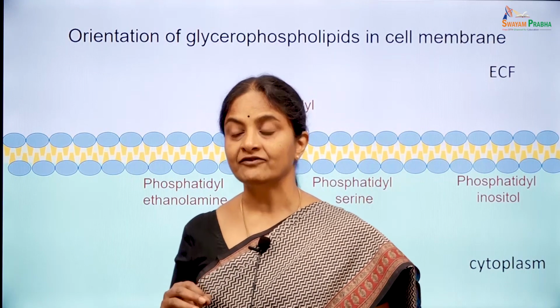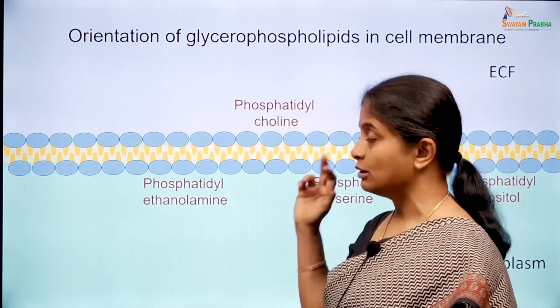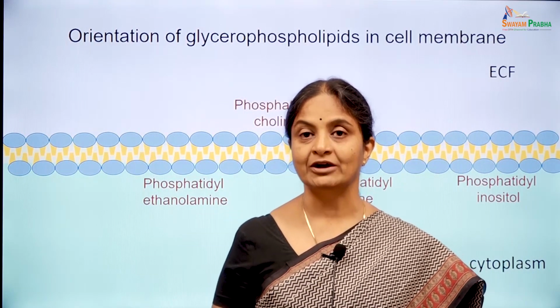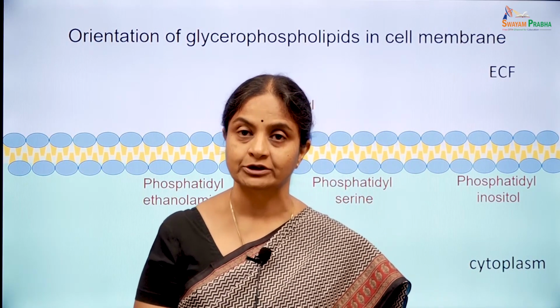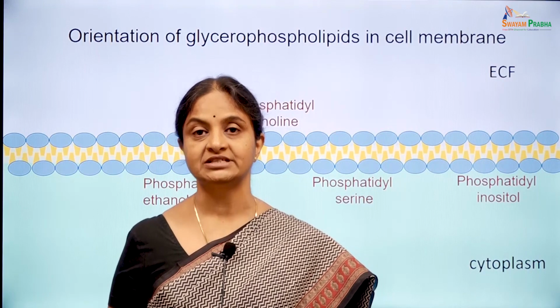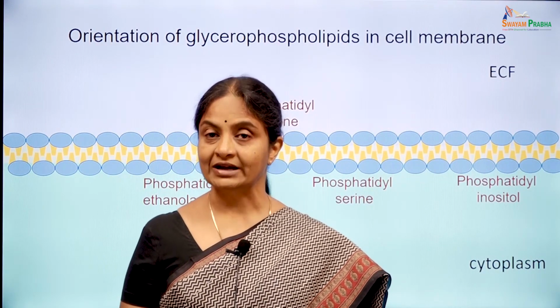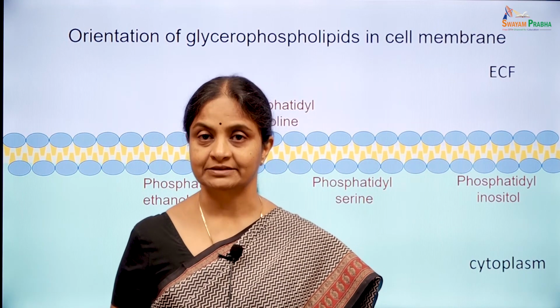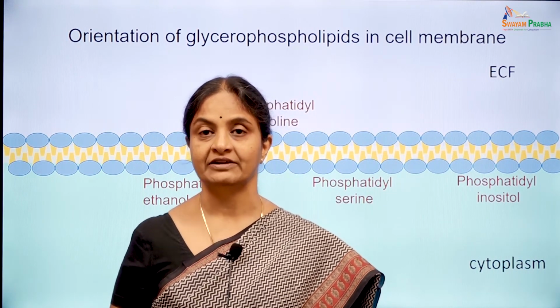In fact, finding phosphatidylserine on the outer leaflet is an eat-me signal for macrophages. Macrophages would then come and phagocytose that cell and remove it from the system. In fact, cancer cells do not have this apoptotic mechanism, and that's why they proliferate indefinitely.